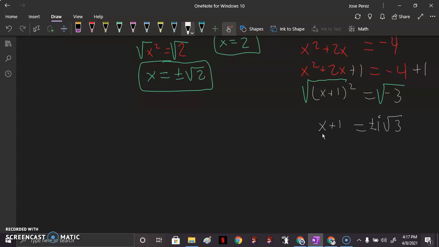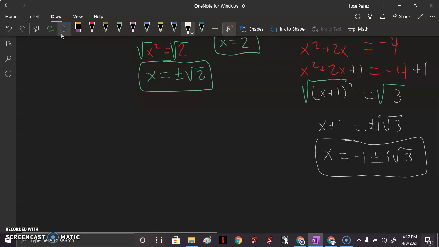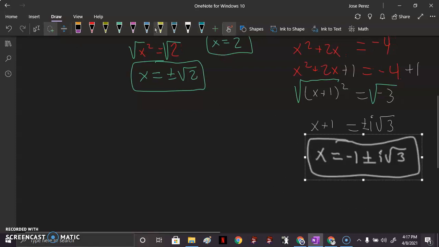So we're going to move the plus 1 to the right, sorry. What we get is x is equal to negative 1 plus or minus i times the square root of 3. And that is our last zero of the bunch. And we're done.